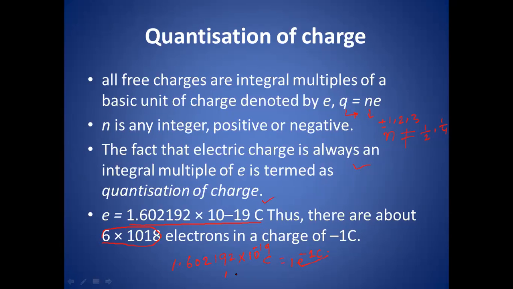So 1 coulomb equals 1 divided by 1.602192 times 10 to the power minus 19. If we divide it, we get about 6 times 10 to the power 18 electrons. So this many electrons are needed to produce 1 coulomb of charge.